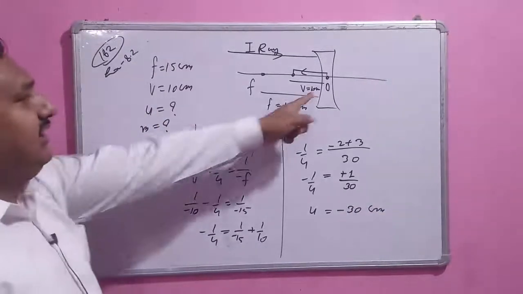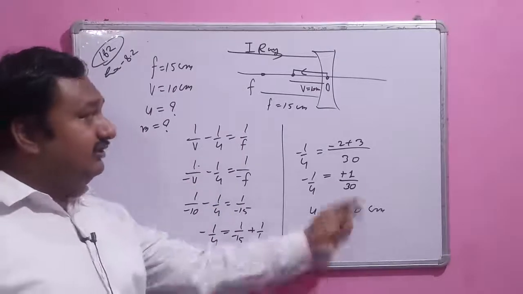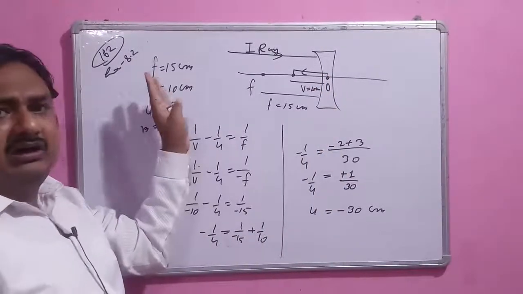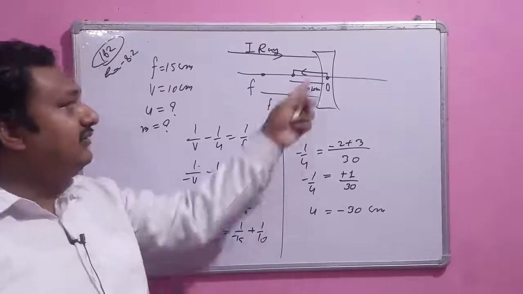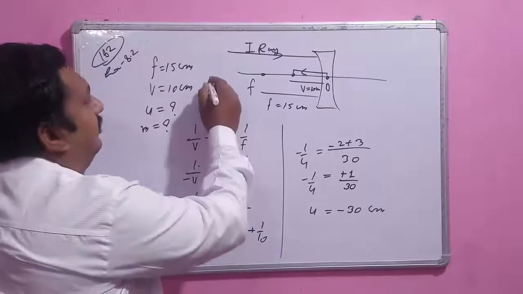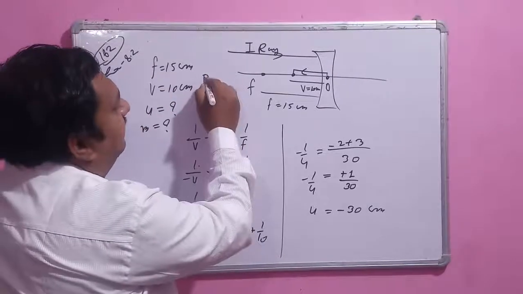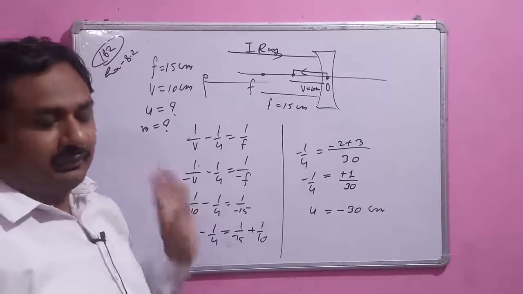It means the object is at a distance of 30 centimeter from the lens, and negative means it is lying on the left of the lens, as expected, because in the case of a concave lens the image is forming here, so the object will lie on the left of the lens. So here the object is lying somewhere here, 30 centimeter away from the lens.